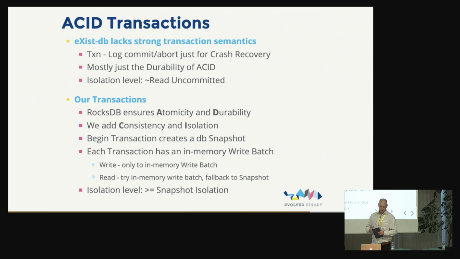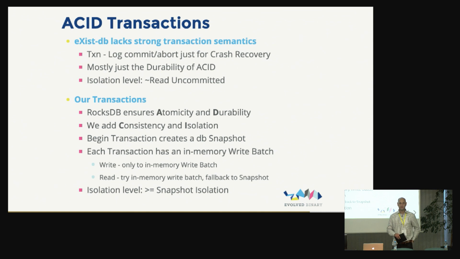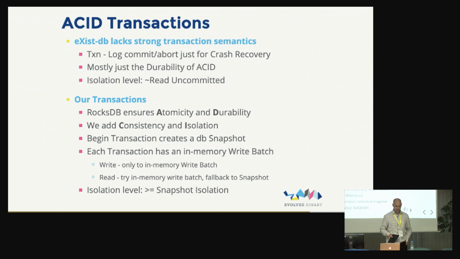And classically, there's been 4 ACID isolation levels, where read uncommitted is the weakest, and serializable, which is typically what is required in intensive finance applications, is the strongest. So I wanted to provide a level for FusionDB that was as close to serializable as I could get without killing performance.